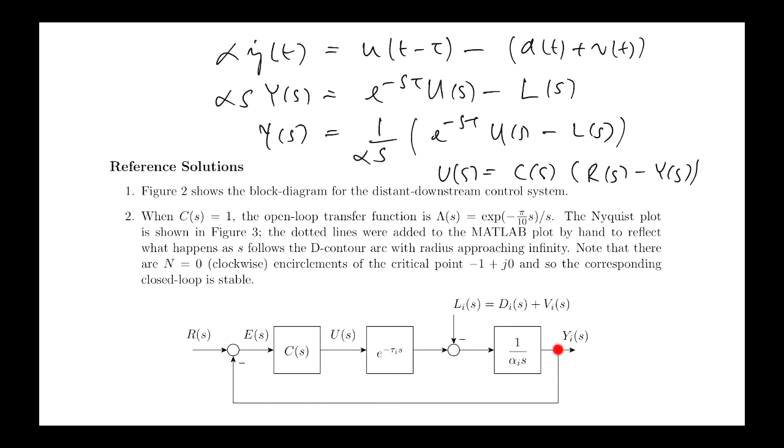This is describing the construction of this signal here, the difference between the reference and the water level, and U is just the action of the controller on that error signal. So that's how we get the block diagram, and you can see that the external inputs consist of a reference for the water level and a load disturbance. The objective of the control system is to keep the water level at the reference despite changing load.